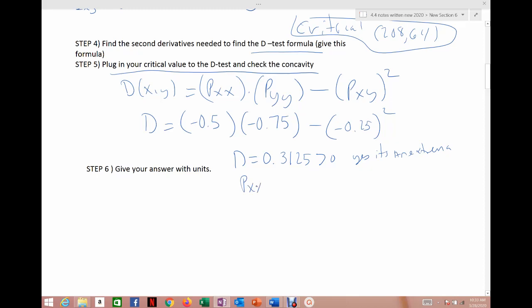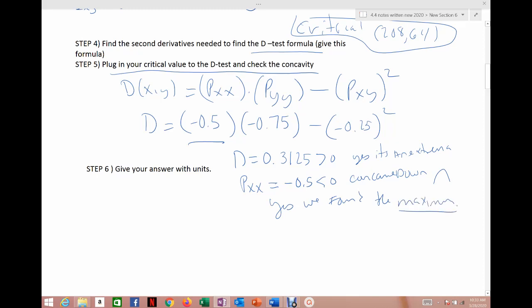So the second derivative with respect to x, the one we pull, although technically you could do y, which was our negative 0.5, that was less than 0, so that's telling me it's concave down, cup down shape, and so yes, we found the maximum.